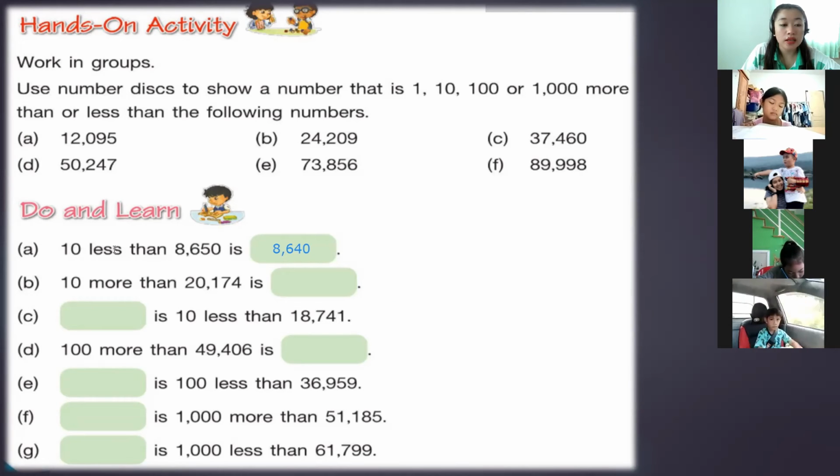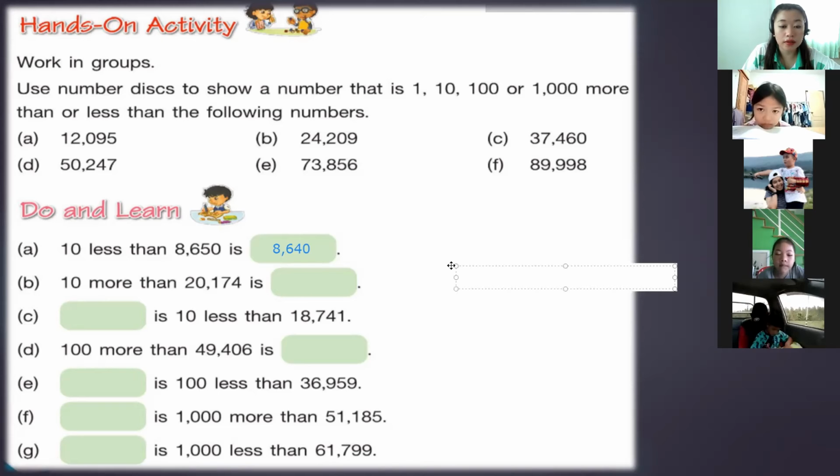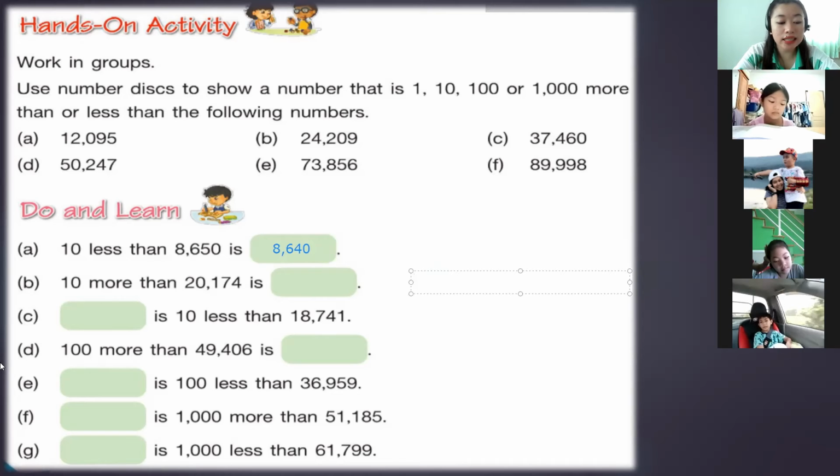Okay, so the answer now is 8,640. Next we have here 10 more than 20,174. When we say more than, we're going to add: 10 plus 20,174 is equal to, what would be the answer if we add 10 to 20,174?